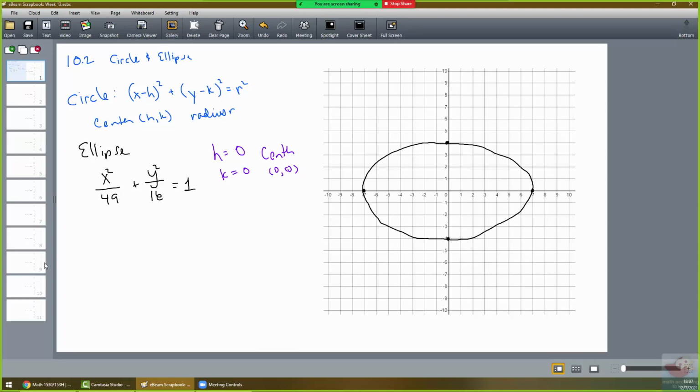But unlike a parabola and a circle, we have 3 new letters involved. The first letter is a. a is the distance from the center to the vertex.